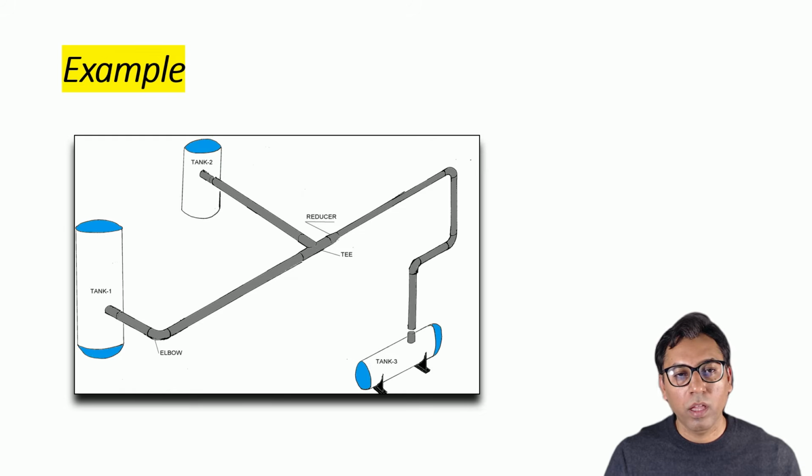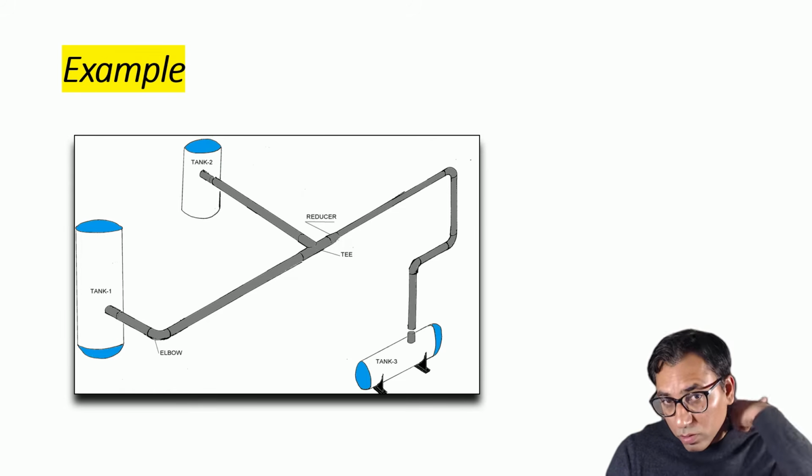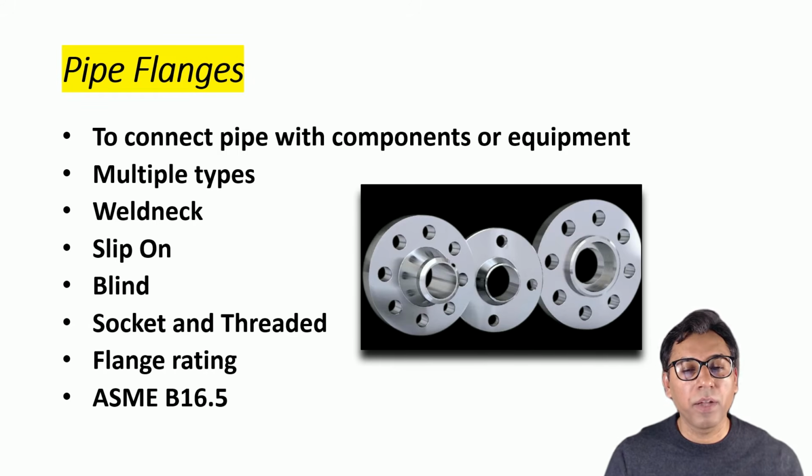First, let's talk about pipe flanges, because we will use flanges to connect ends with the tank nozzles. A pipe flange connects piping and its components in a piping system by the use of a bolted connection, threaded or welding, and using gaskets.